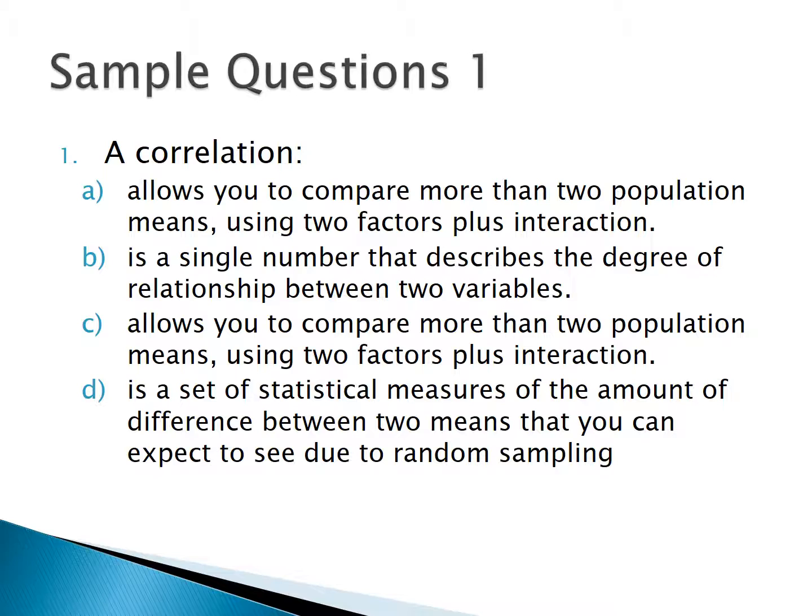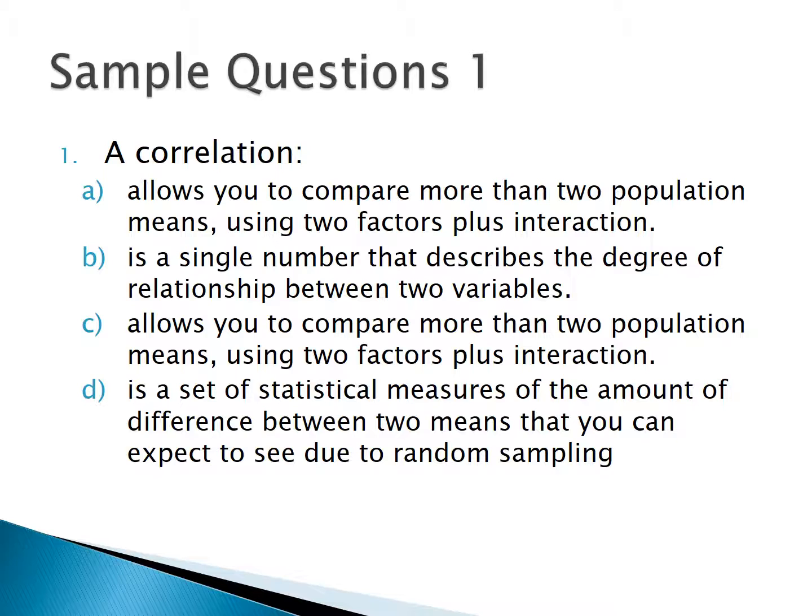Okay, here's a sample question. Question 1: a correlation, option A, allows you to compare more than two population means using two factors plus interaction; option B, is a single number that describes the degree of relationship between two variables; option C, allows you to compare more than two population means using two factors plus interaction; option D, is a set of statistical measures of the amount of difference between means that you can expect to see due to random sampling.